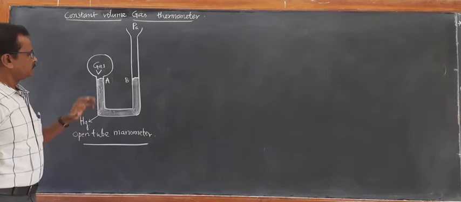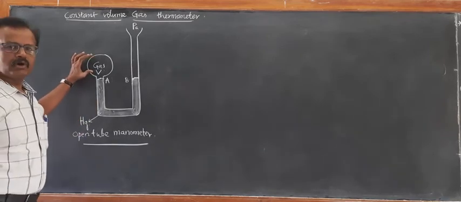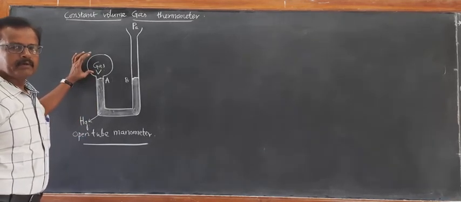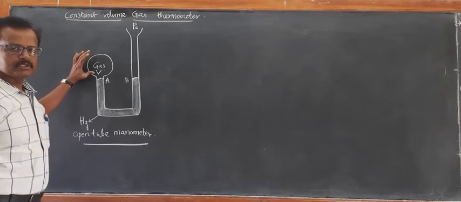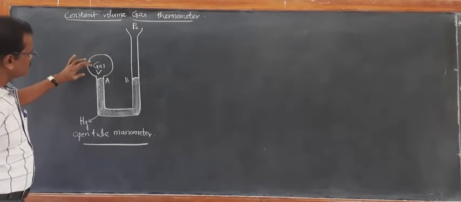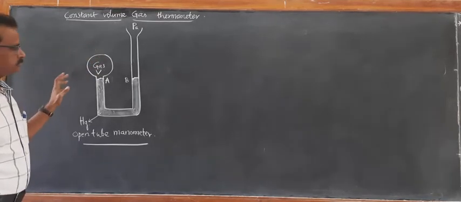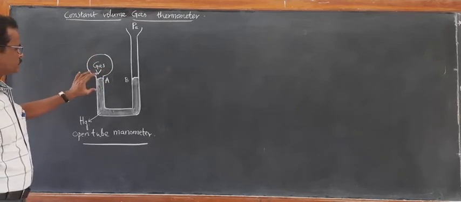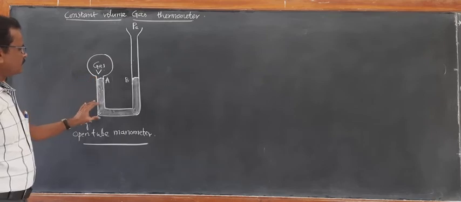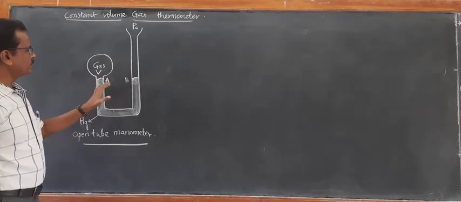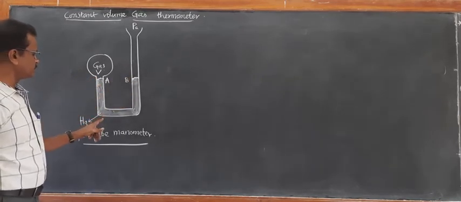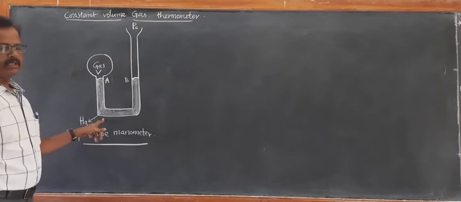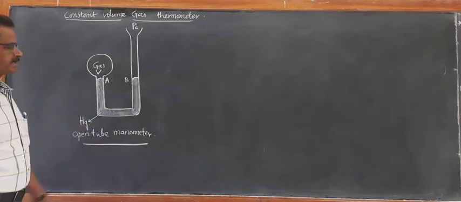Here, a given mass of gas of fixed volume is taken in this container. This will exert some pressure, and as a result there will be an initial level of the mercury. This is the mercury liquid.